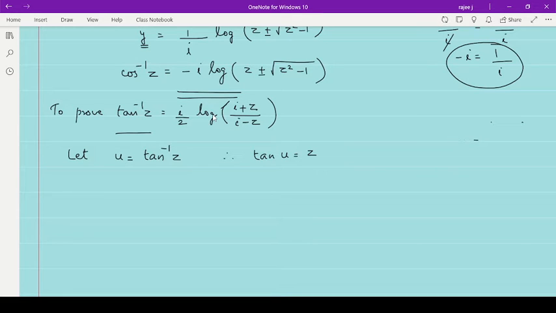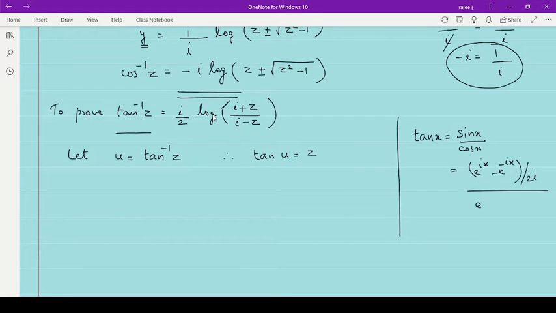So tan x is equal to sin x upon cos x, but it is better to learn that by heart. So sin x is e raised to ix minus e raised to minus ix divided by 2i, and cos x is e raised to ix plus e raised to minus ix divided by 2.